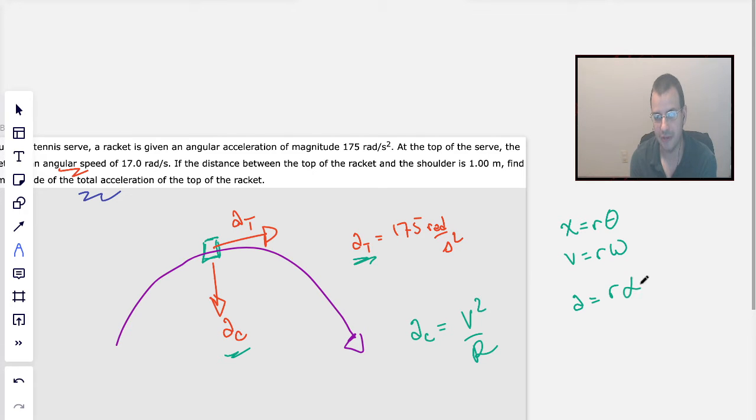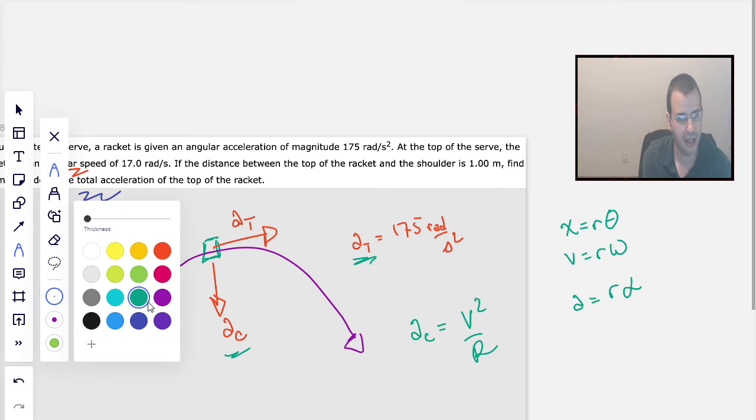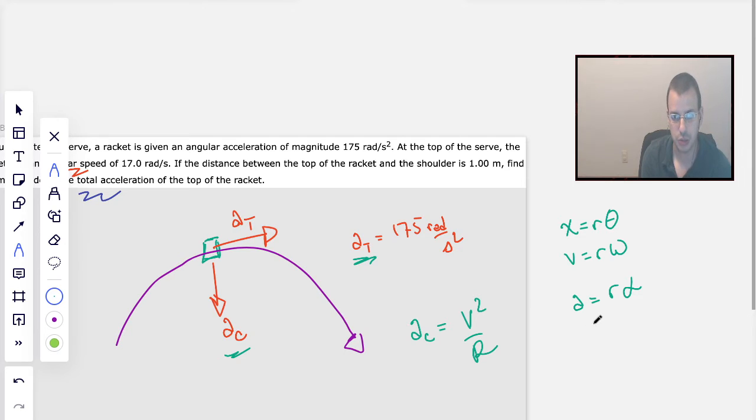These are actually cross products, but since they're moving in a circle, I'm going to write them as x equals r theta, v equals r omega, and a equals r alpha. So for this one, what's going to concern us is the second one right here.